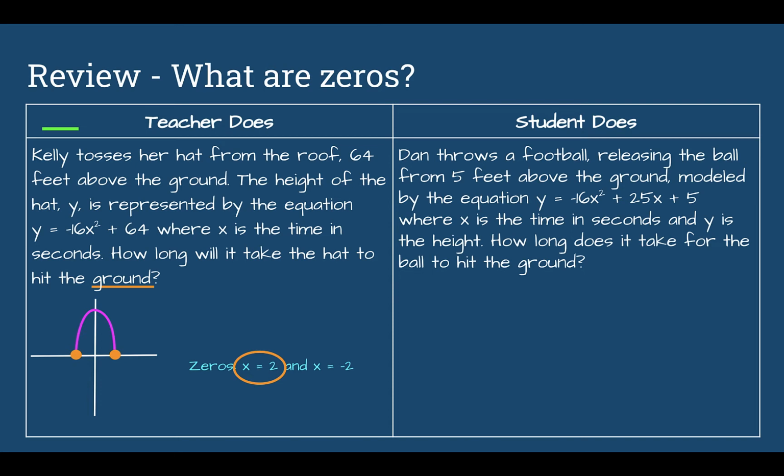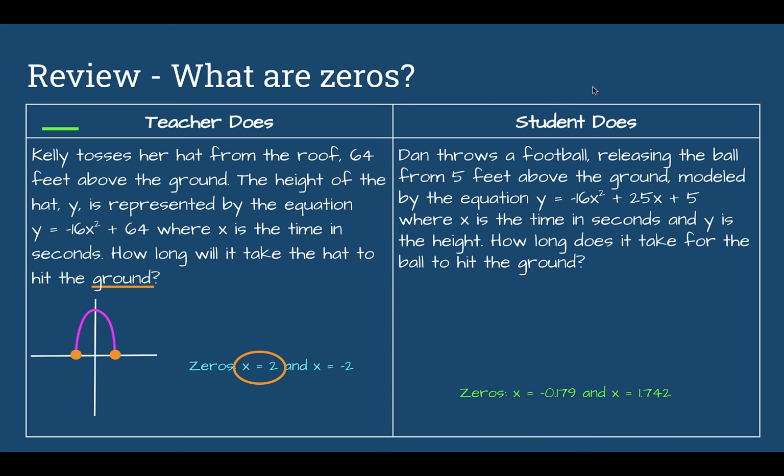Now it's your turn. Pause the video. Use Desmos to type in the function. Where are the zeros and how long does it take for the ball to hit the ground? Let's check. You should have found the zeros where x equals negative 0.179 and x equals 1.742.